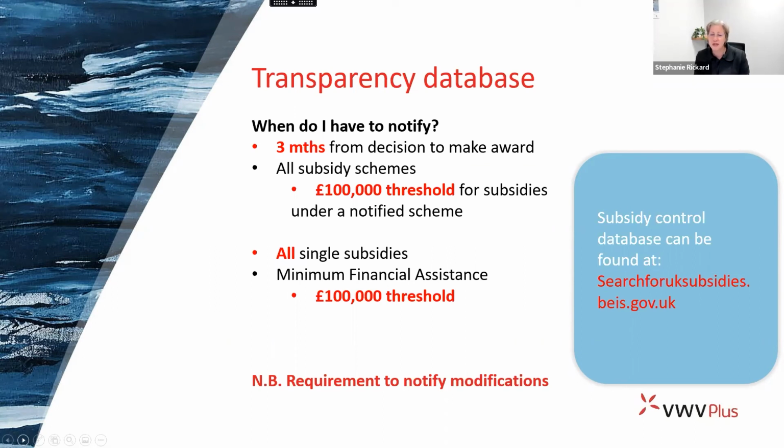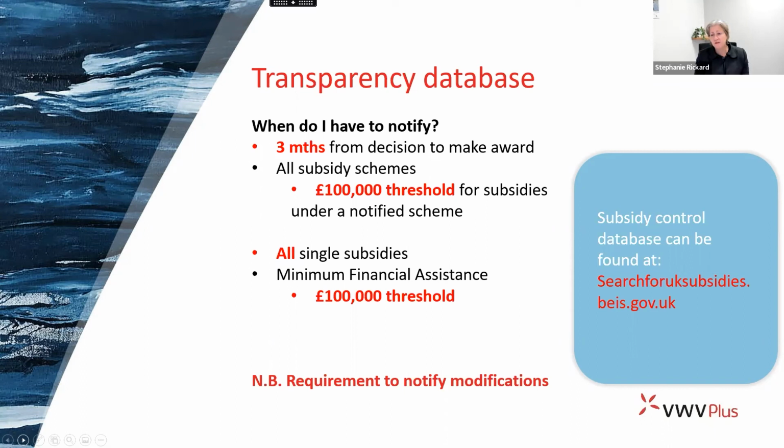The original bill said it was going to be a threshold of 500,000, and in assessing the thresholds you need to accumulate the subsidies. So you can see that that threshold is very easily met. So these are the new requirements.